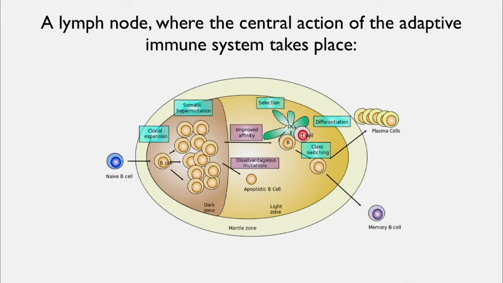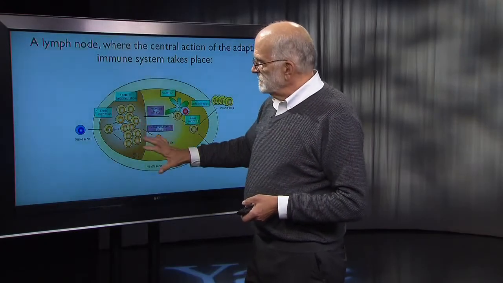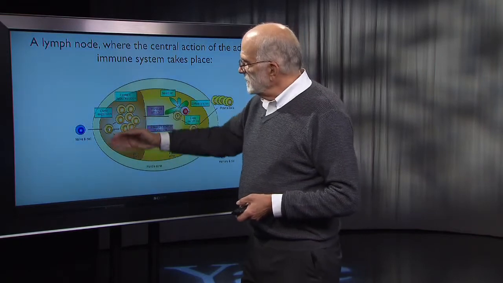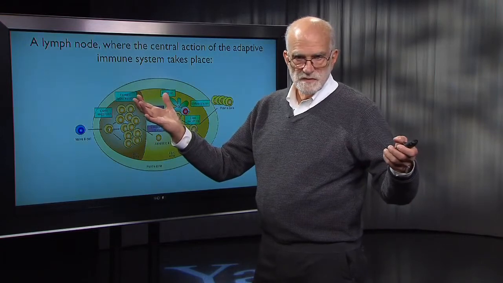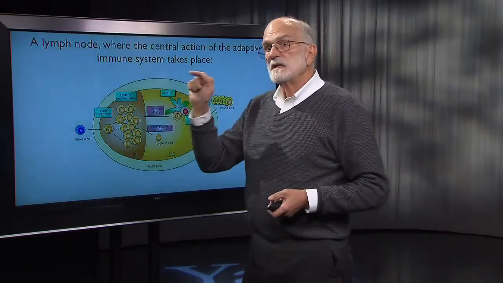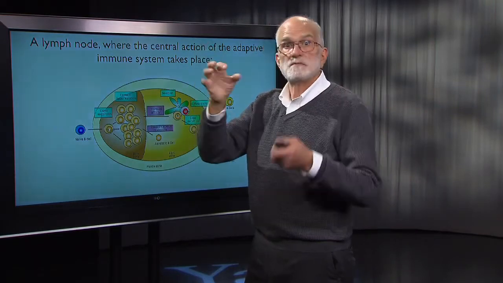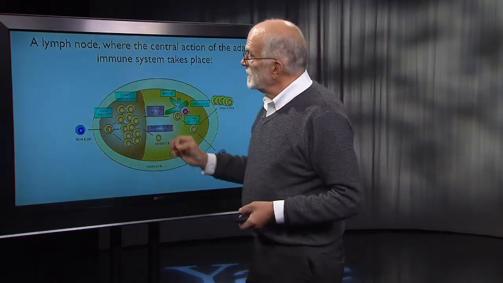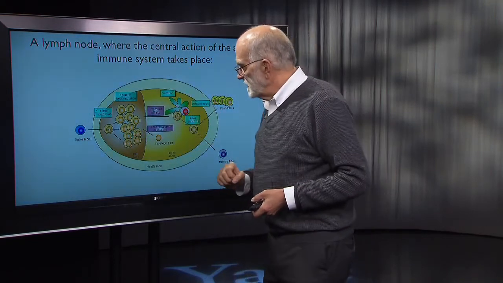In the lymph node, it presents that piece of pathogen to a T cell, and the T cell then presents it to a B cell, and the B cell undergoes clonal expansion, okay? So there is, in the dark zone of a lymph node, a big population of different kinds of B cells. And the one that can recognize this specific presented chunk of parasite or pathogen is recruited. It undergoes a big clonal expansion.